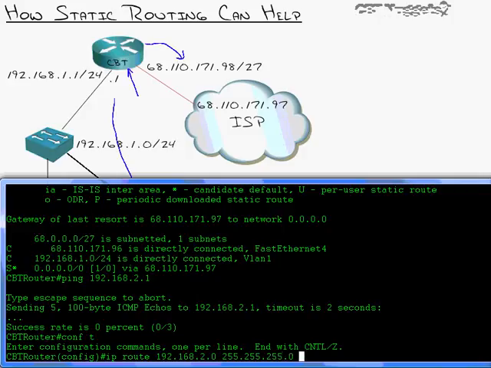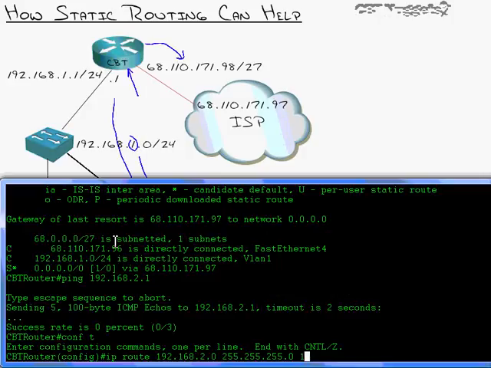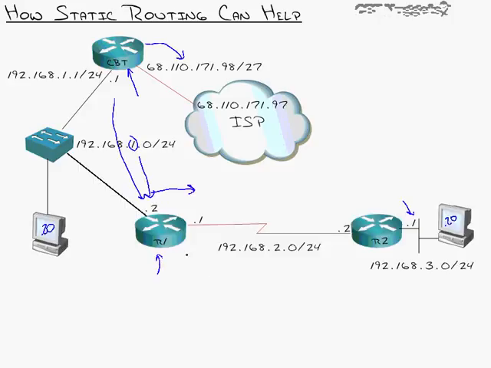And the next hop to get there, well, the CBT router needs to go through, I put this first arrow as a hint, 192.168.1.2. That's the IP address of router 1, in order to reach 192.168.2.0, or this network over here.